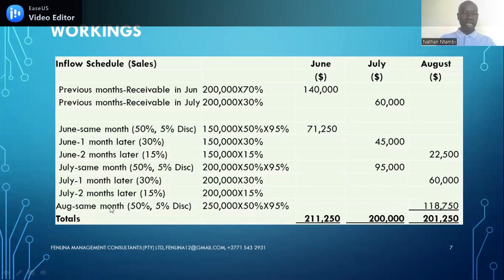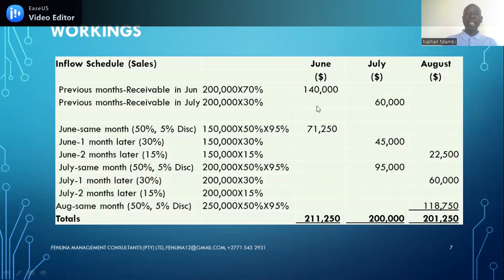Then let's go to August. The August amount of 250,000, we are going to receive 50%, and we are going to receive only 95% of it in August, which is 118,750. And the balance will be received in future months, September and October, which gives us the totals of 211,250, 200,000, 201,250.